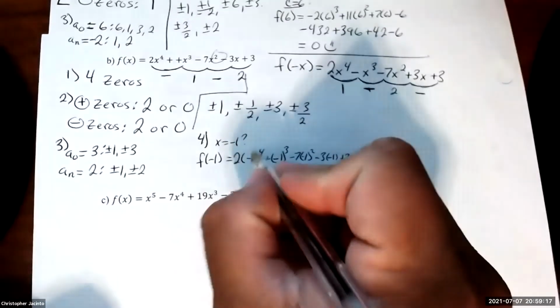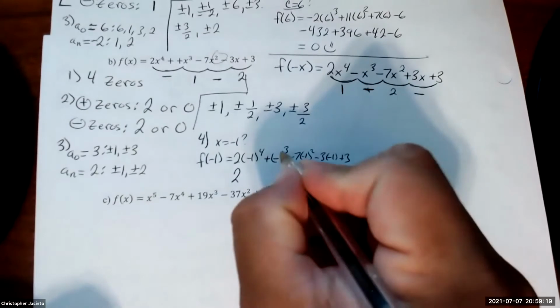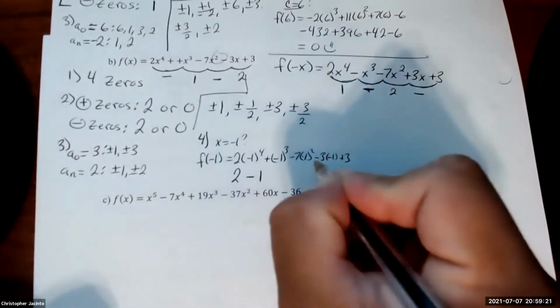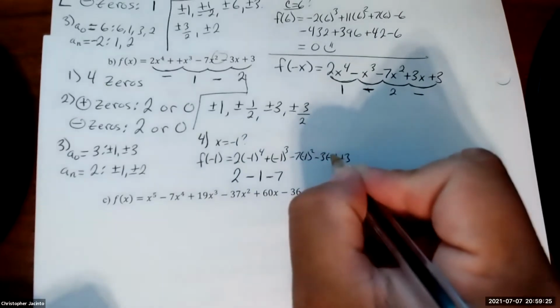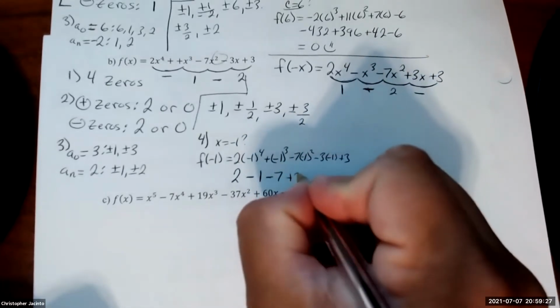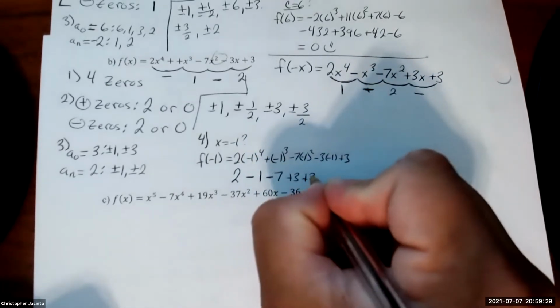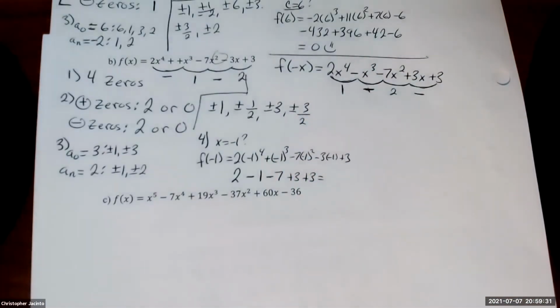So this is going to still give you positive 2. This is going to be -1. This is going to be -7. This is going to be positive 3. And this is going to be positive 3. All right, see what we get.